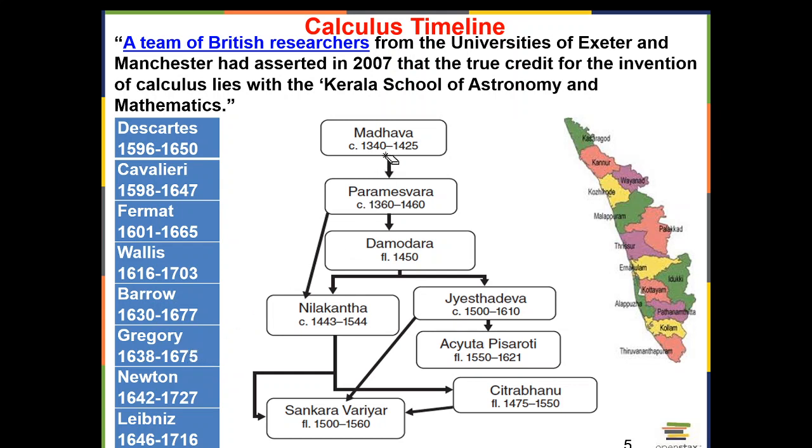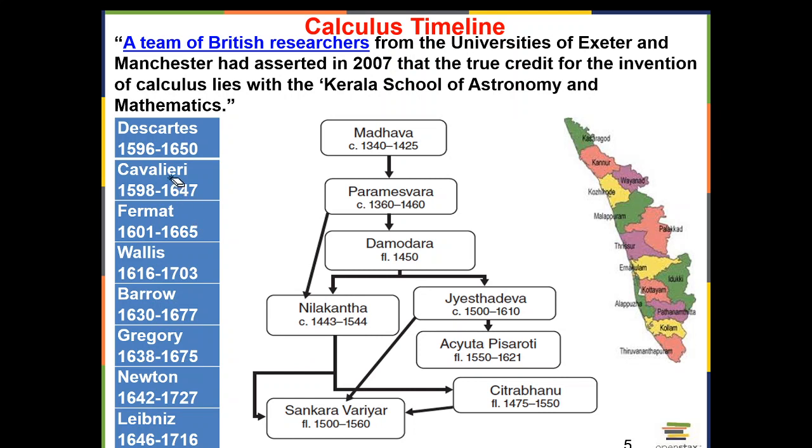So you see the timeline in the south of India, a school called Kerala School of Astronomy and Mathematics. There were a number of mathematicians, and you see the names of them over here. The timeline goes from the 1300s, 1400s to 1500, 1600.